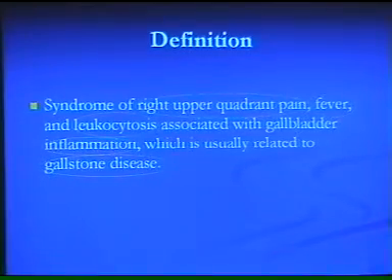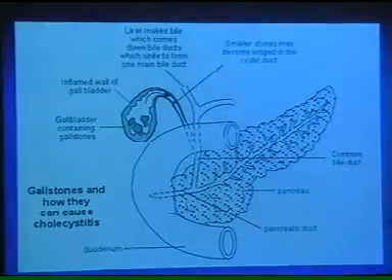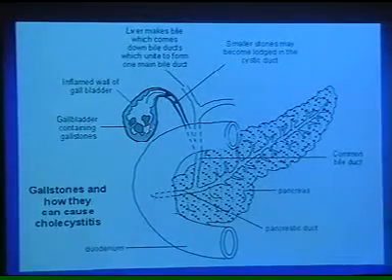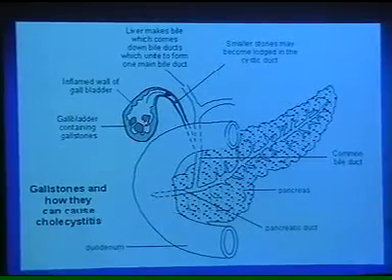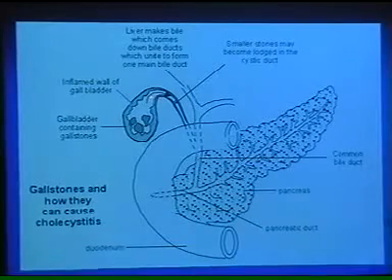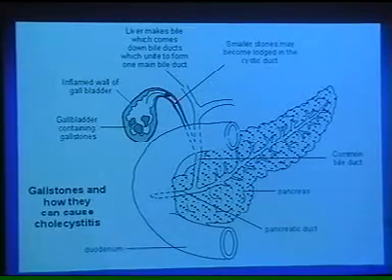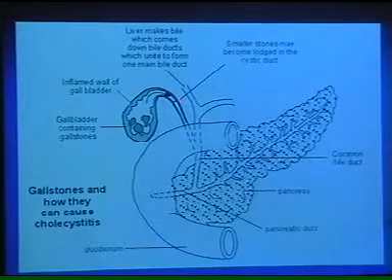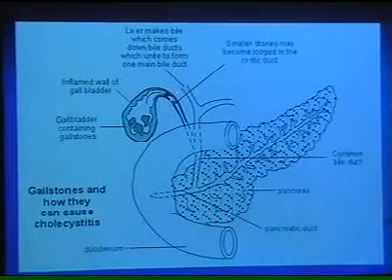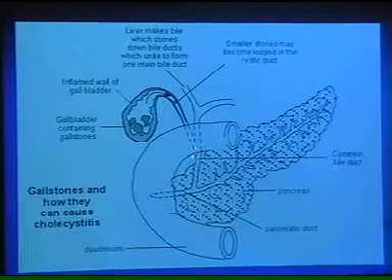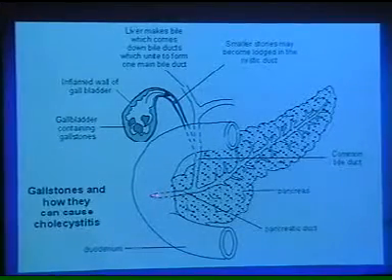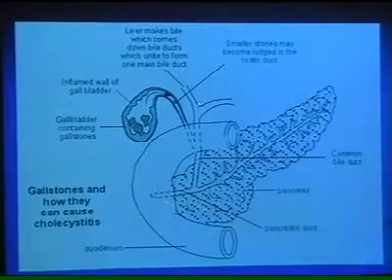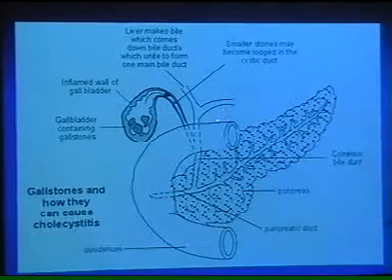clinical presentation of cholecystitis. This diagram shows the pathogenesis, and you can see the gallbladder containing gallstones. When they move out, because the cystic duct is narrow, a large stone can get impacted here. And if this stone gets impacted distal to the pancreatic duct, like here, then the patient will develop pancreatitis as well as obstructive hepatitis.